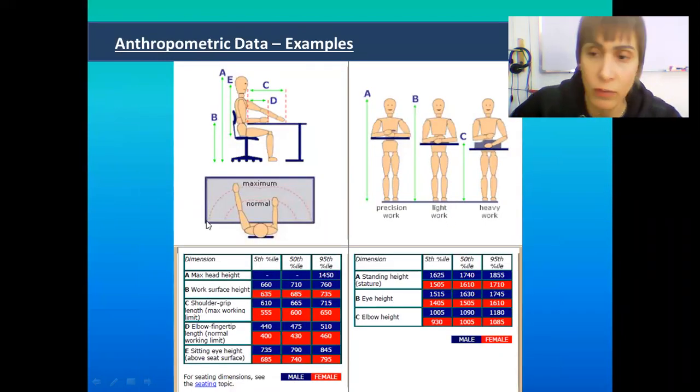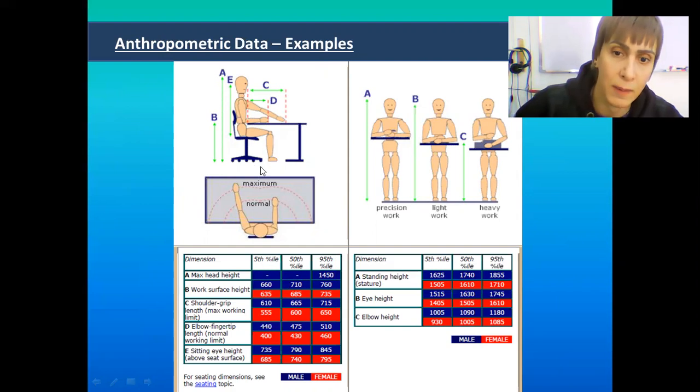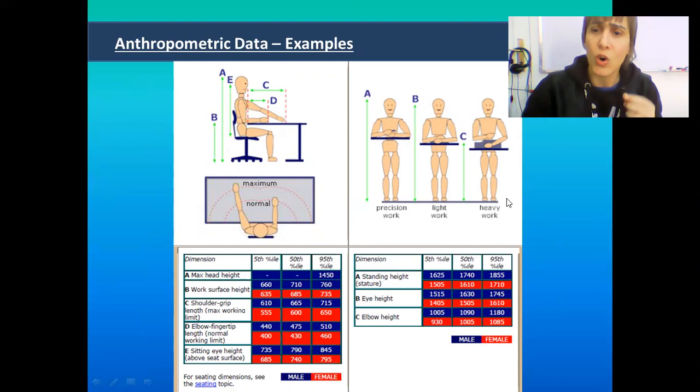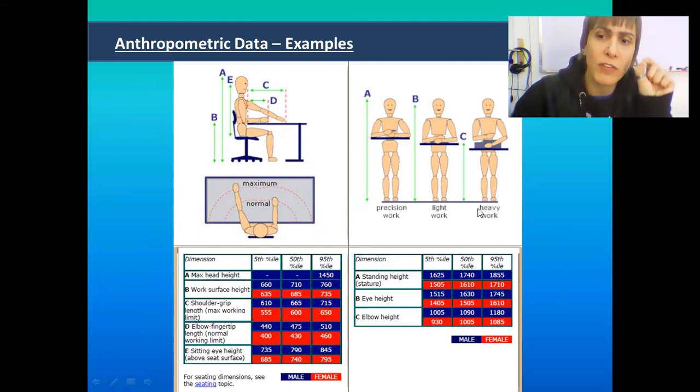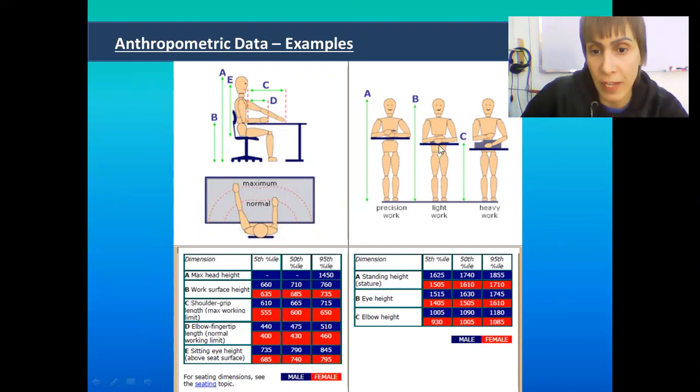You will also find in anthropometric data books, manuals, even for other details. Like for example, here we have the height. Okay, you're designing a table, and you have, for example, precision work or light work or heavy work. So if you're doing heavy work, or you need to be doing precision work, like for example, drawing, the height of the table must be different.